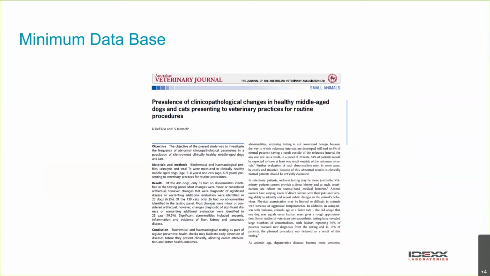So there is value sometimes in doing preventive care, especially as patients get older, to try and find things earlier on.